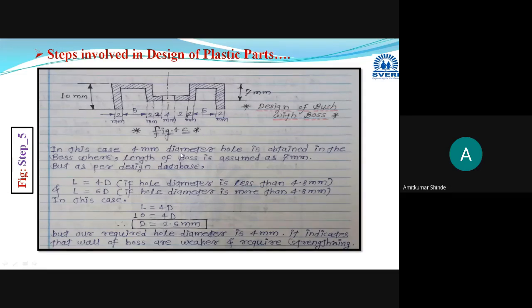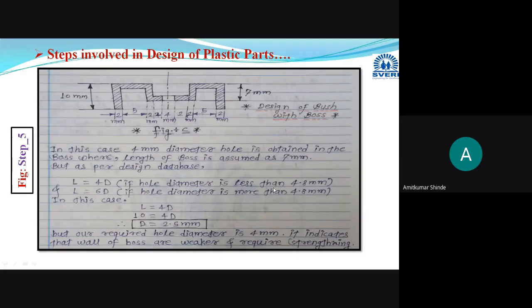Now here the hole diameter is given as 4 millimeter. Then its length will be 4 times the diameter. Now the maximum possible length of the boss, equal to the height of that bush, is 10.